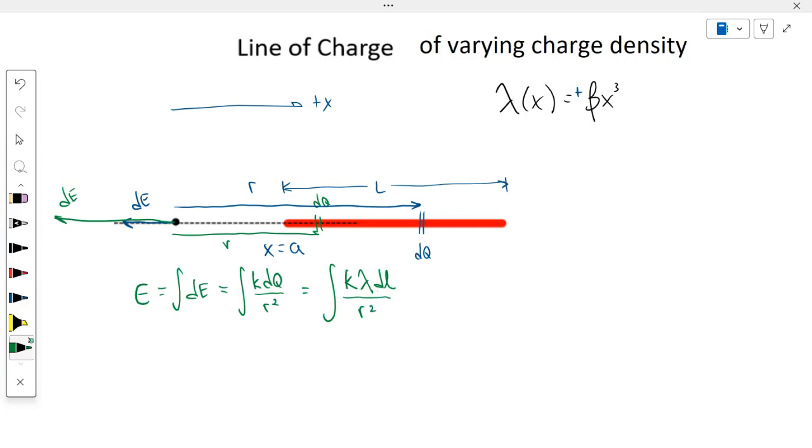The big difference between this and a previous example is that lambda is not simply q over L, the charge of the stick. The stick does have some charge, and we'll actually find how much charge the stick has later. But by definition, linear charge density is a ratio of charge per unit length. Notice I'm going lowercase here, because it's just not a constant.